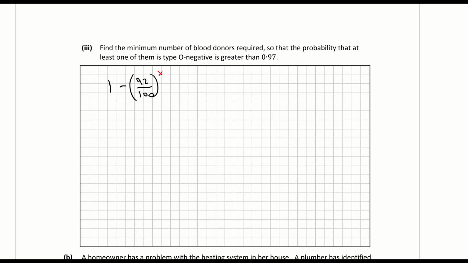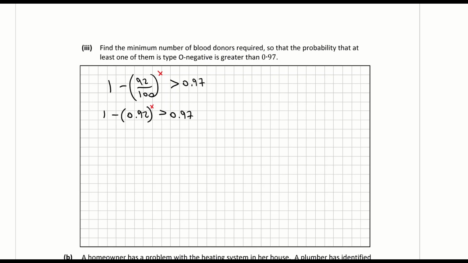And the question says at least one of them is greater than 0.97. So I'm just going to use my greater than symbol, 0.97. So let's turn them all to decimals since they've given us the 0.97. So 1 minus 0.92 to the power of x, some unknown power, is greater than 0.97.